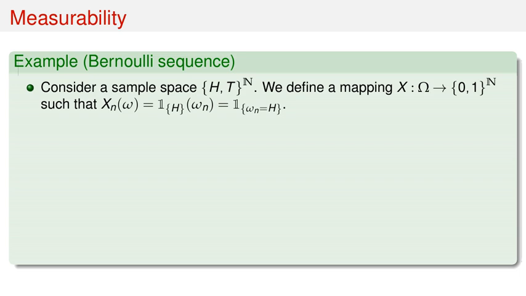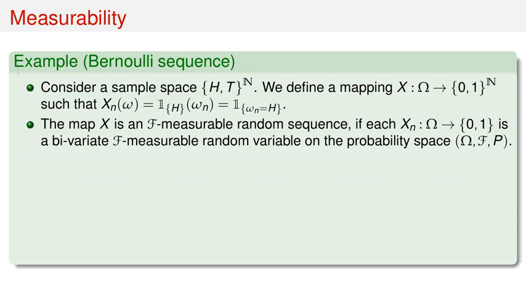We define a mapping X from Ω to {0,1}^ℕ such that X_n(ω) is the indicator of H for ω_n: 1 if the nth toss is H, 0 if T. This map X is an ℱ-measurable random sequence if each component X_n from Ω to the set {0,1} is a binary ℱ-measurable random variable on the probability space (Ω, ℱ, P).